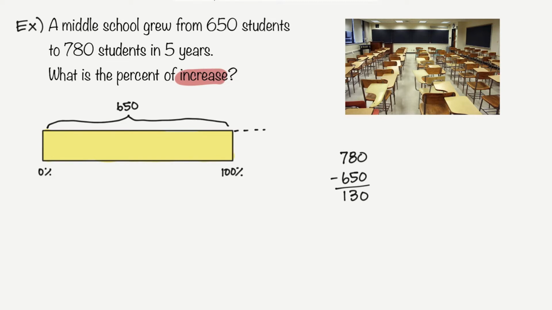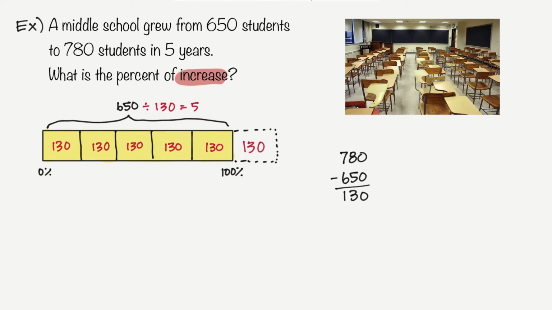So when I subtract those values, I'm going to be adding on an additional 130 students. So like we did before, let's divide 650 by 130, and that's going to equal 5, which tells me I can divide my bar model into 5 equal sections, each of those representing 130 students.